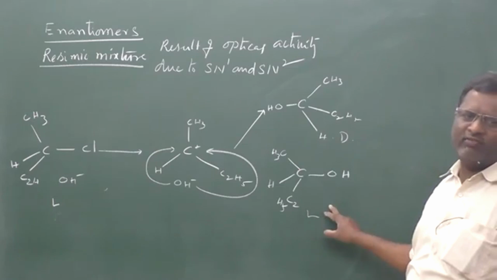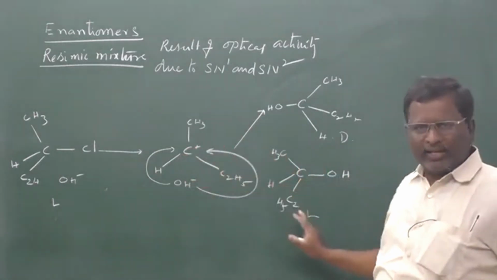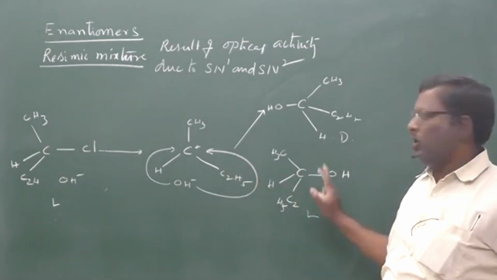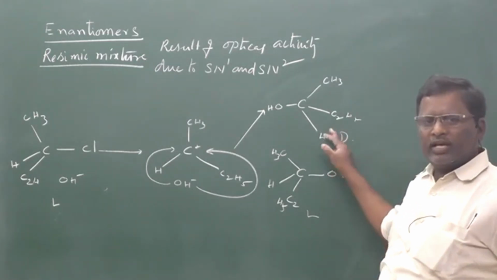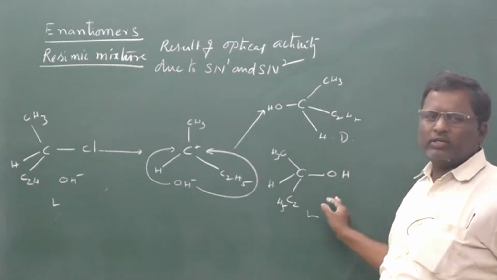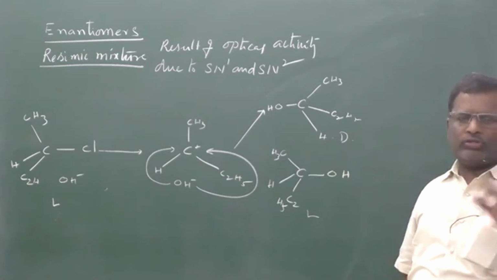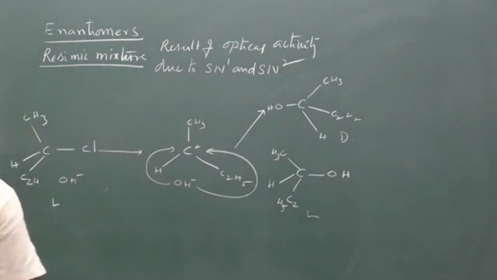So if SN1 mechanism takes place, the optical activity may be retained. Or if these two are formed in equal proportions, then optical activity will be 0, and this mixture is said to be a racemic mixture. Suppose SN2 mechanism takes place, what happens?